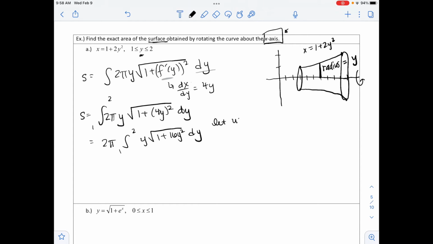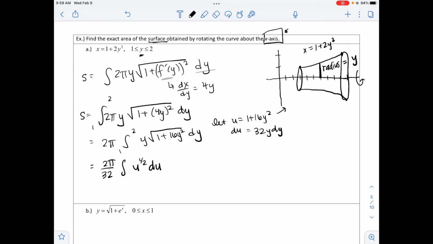So we'll let u equal 1 plus 16y squared, du is going to be equal to 32y dy. And so now our problem is going to have the 2 pi, but this time we're going to divide by the 32 also. I need to change my limits of integration. And then I'm going to have the square root of u, or just u to the 1/2 du.